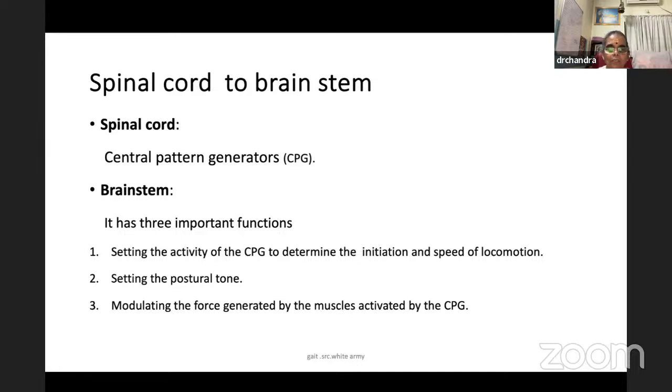Then setting the postural tone: after the pattern is decided, the tone of the appropriate muscle should be determined. And modulating the force generated by the muscles activated by the central pattern generator. So the central pattern generator decides the initiation and speed of the appropriate locomotion needed at that time. And this in turn alters the postural tone and determines the muscles to be activated and muscles to be inhibited.